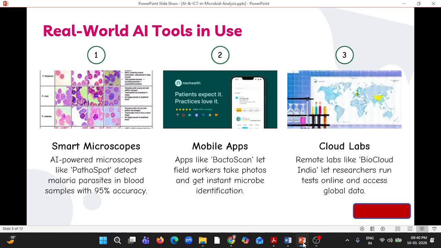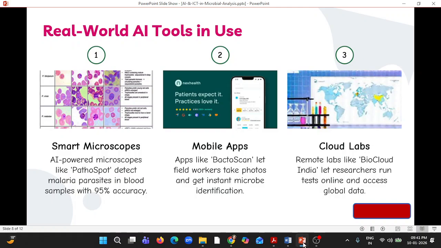Along with that, a number of mobile apps are also available for field diagnosis. AI-enhanced mobile applications such as Bactoscan allow field workers or technicians to capture images of samples using smartphones. They can upload them to the AI system and receive instant or preliminary identification of that microorganism.